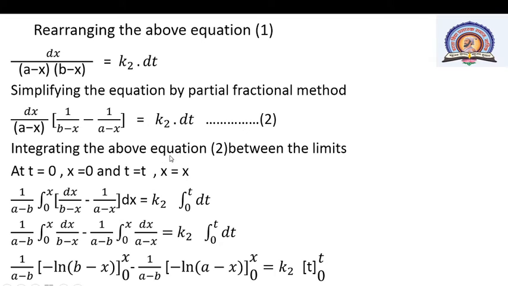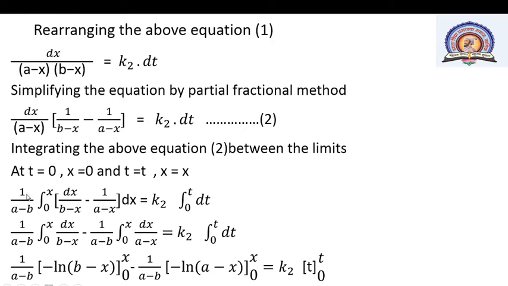Integrating the above equation 2 between the proper limits: at t is equal to 0, x is equal to 0, these are the lower limits, and at t is equal to t, x is equal to x, these are the upper limits.